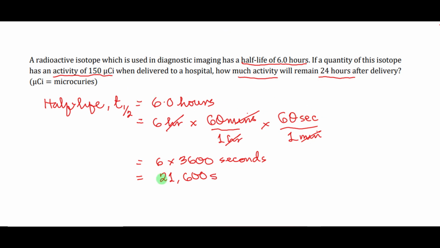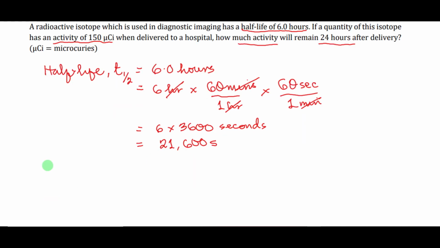Okay, what else are we given here? We are given the activity. Let's call it the original activity, A naught.